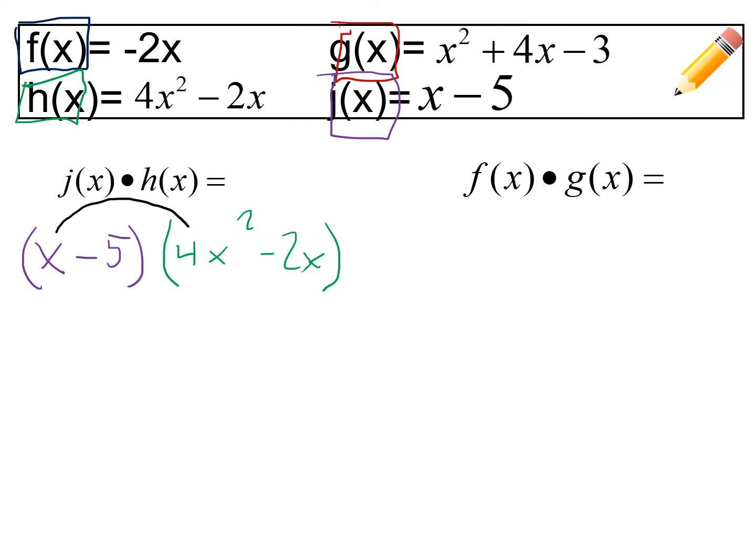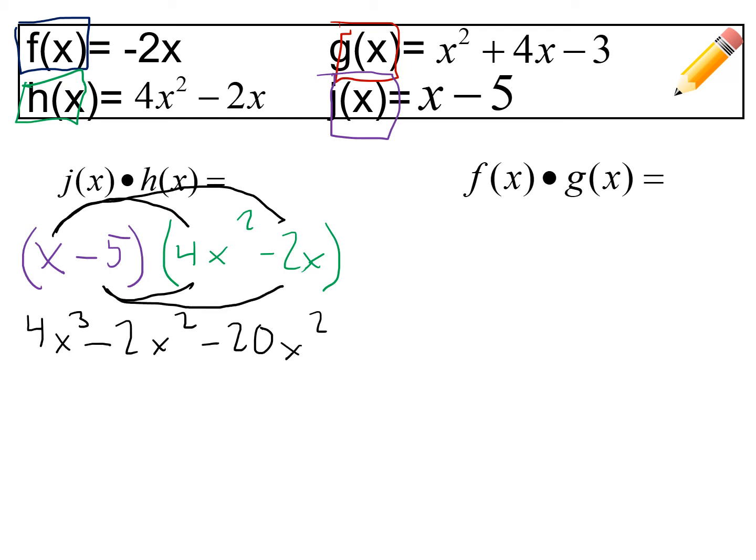X times 4x squared would be 4x cubed. X times negative 2x would be negative 2x squared. Going to the second term in the first set, negative 5 times 4x squared is negative 20x squared.